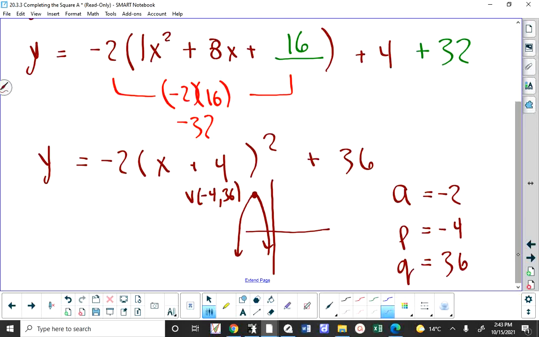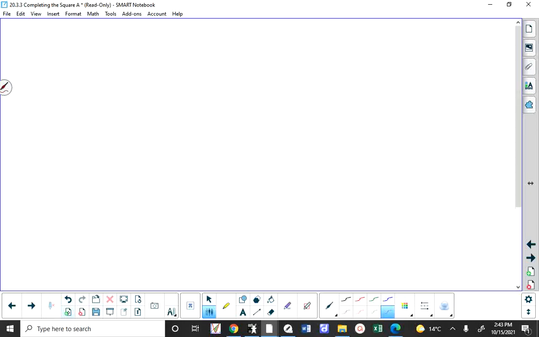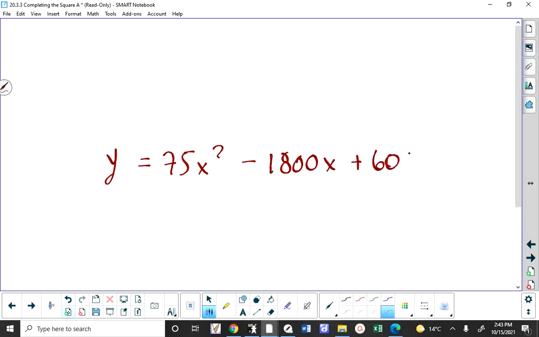So when we look at Aaron's question, which was 75x² minus, not Aaron, geez, I'm really sorry, Isaac's question of 75x² minus 1800x plus 60,000. Is that right, first of all? That was it.